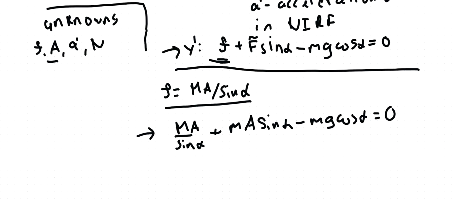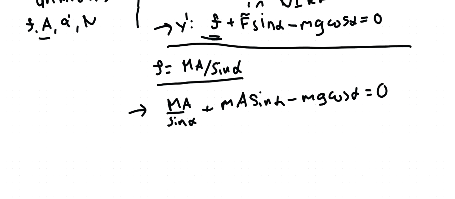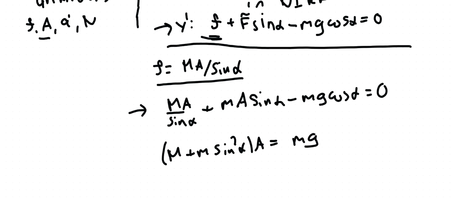Okay, so that's an equation which I obtained from this one, by substitution. And now I'm going to have m plus m sine squared alpha times A is equal to mg sine alpha cosine alpha. That's just the algebra.